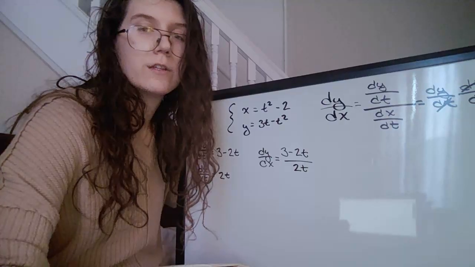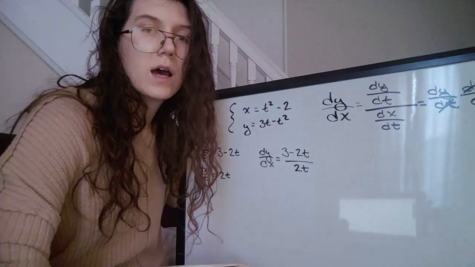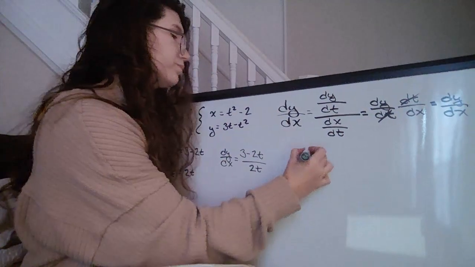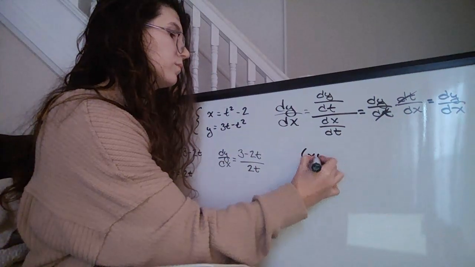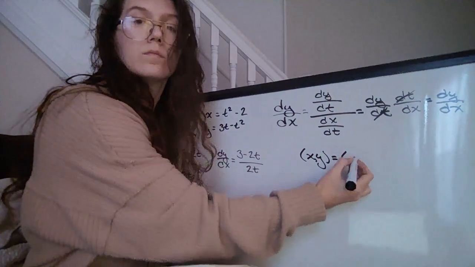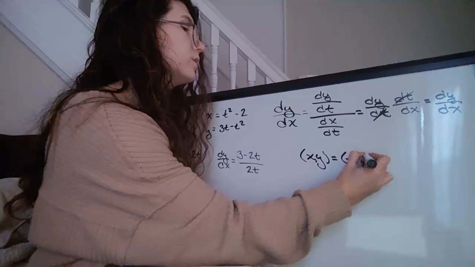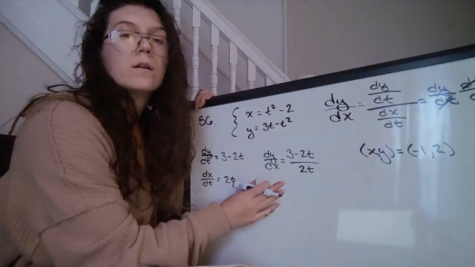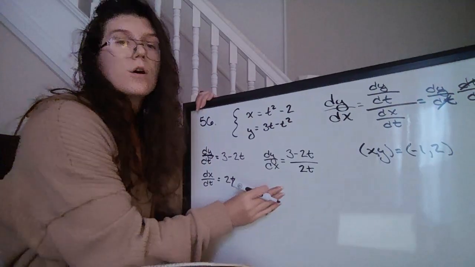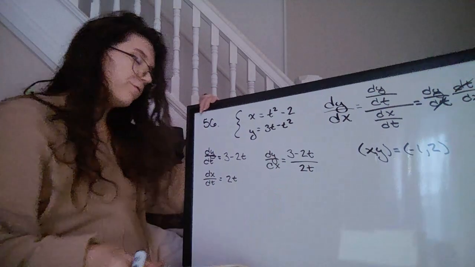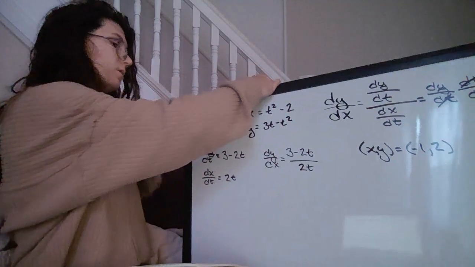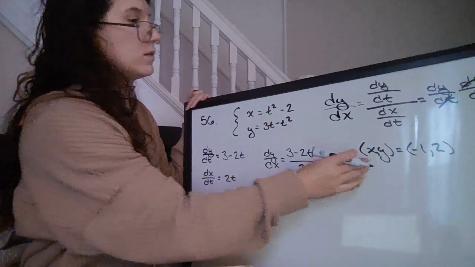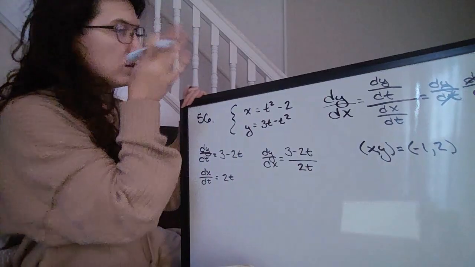All right. Find the equation of the tangent line to the curve at the point (-1, 2). So this is my derivative. What I can do is find what my slope is at this point.